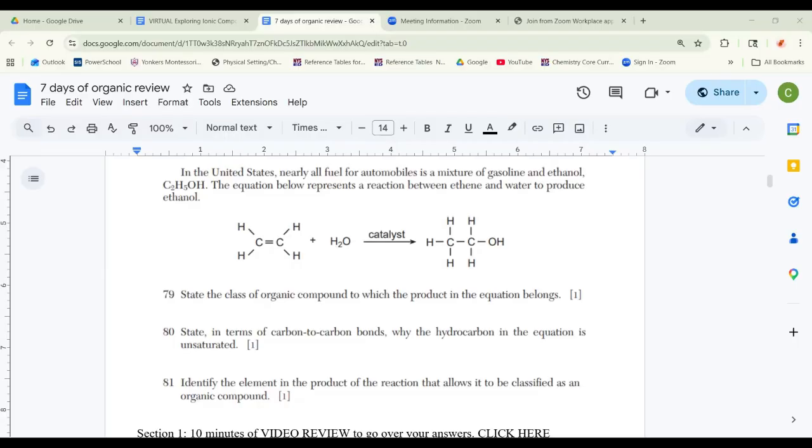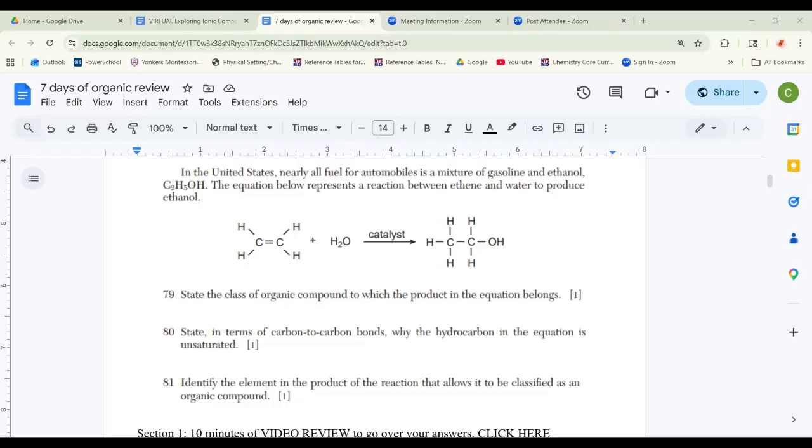State in terms of, all right, so we've got a lot of vocab here. In terms of carbon to carbon bonds means that that's what you need to talk about, the bonds between the carbons. State, again, means don't explain. And they want to know, why is this hydrocarbon unsaturated? So if you know your definition of saturation, you need to know two aspects of it.